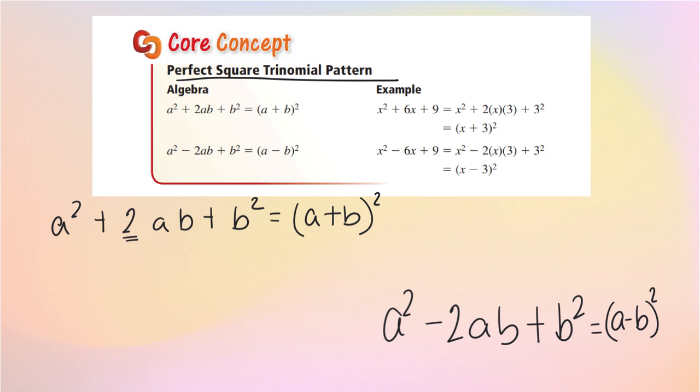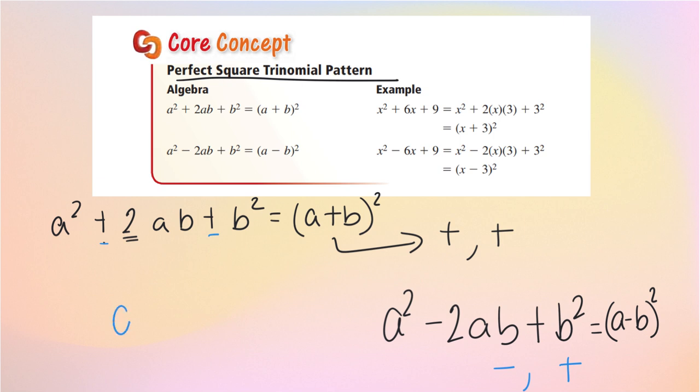Why would it be negative? The best way I could explain it is when you have this positive here, your trinomial has a positive and a positive sign, right here and over here. Now with a minus b squared, you're going to have a minus and a positive. Think about when you're foiling.